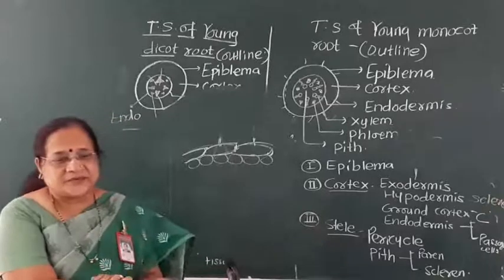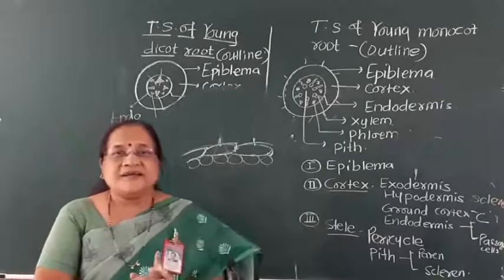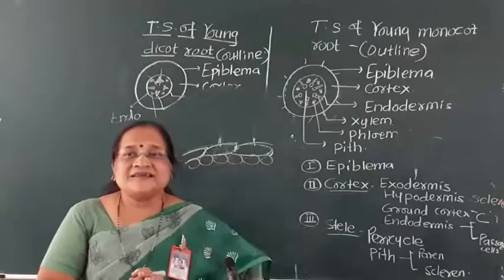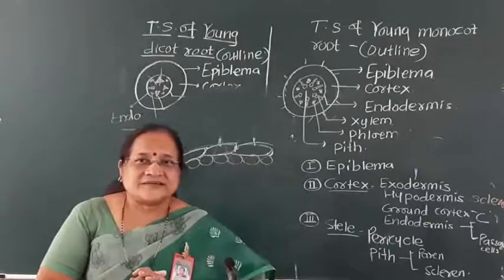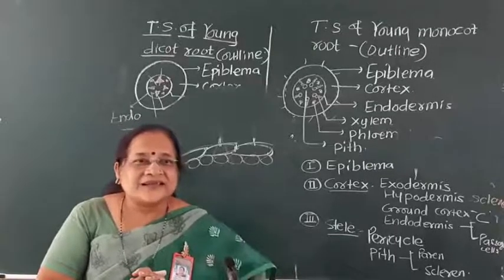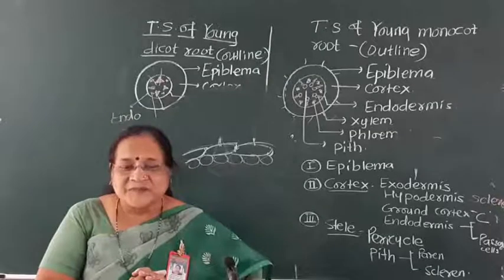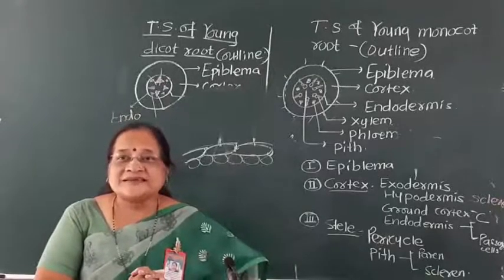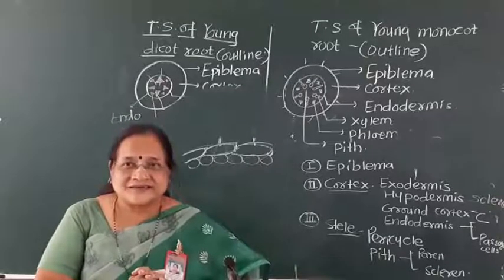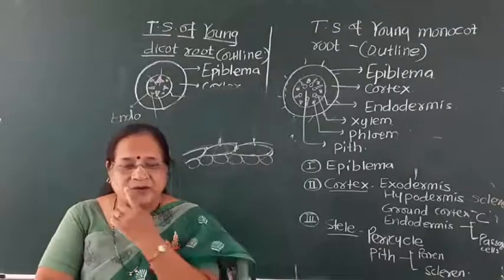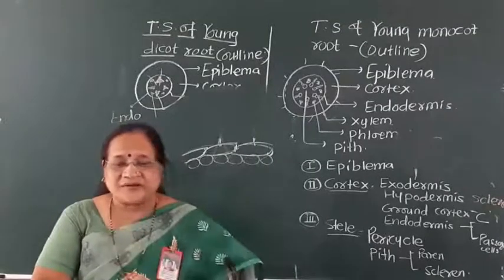This hypodermis is well developed, many layered, and sclerenchymatous. What is sclerenchyma? Sclerenchyma is the lignified tissue which gives mechanical strength or extra support to that particular plant.